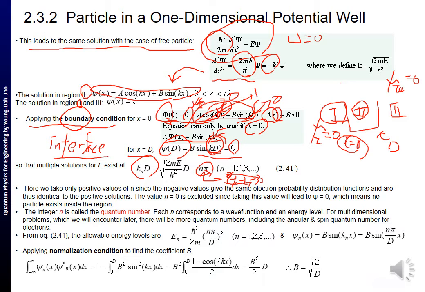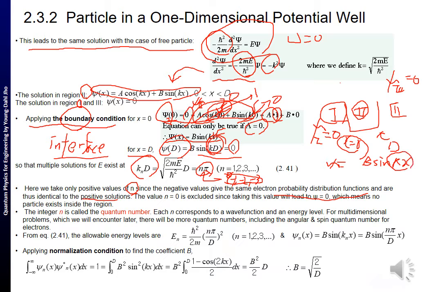Here we take only positive values of n, since the negative values give the same electron probability distribution functions and are thus identical to positive solutions. It means that the wave function psi now has the structure of b sine kx.